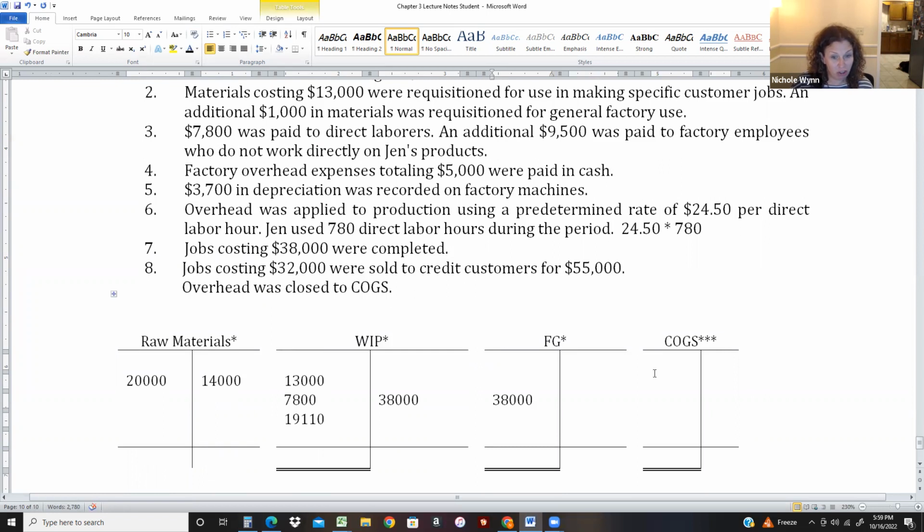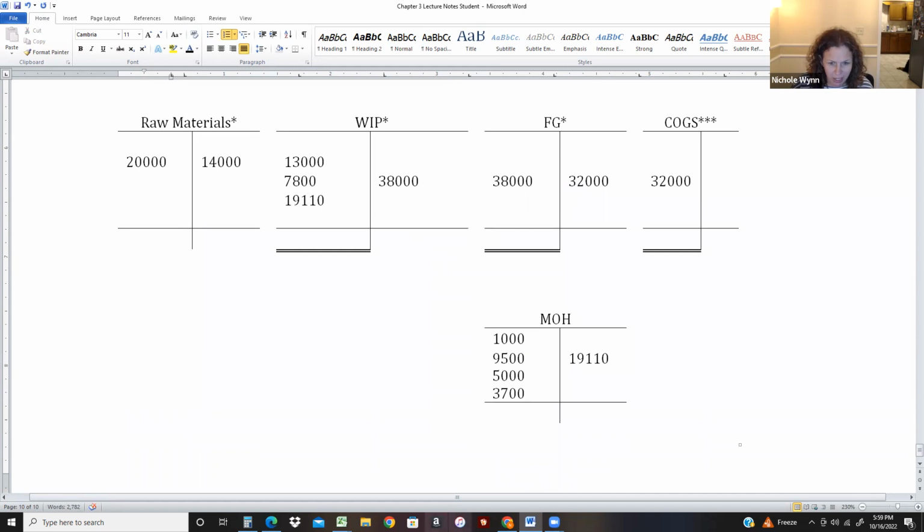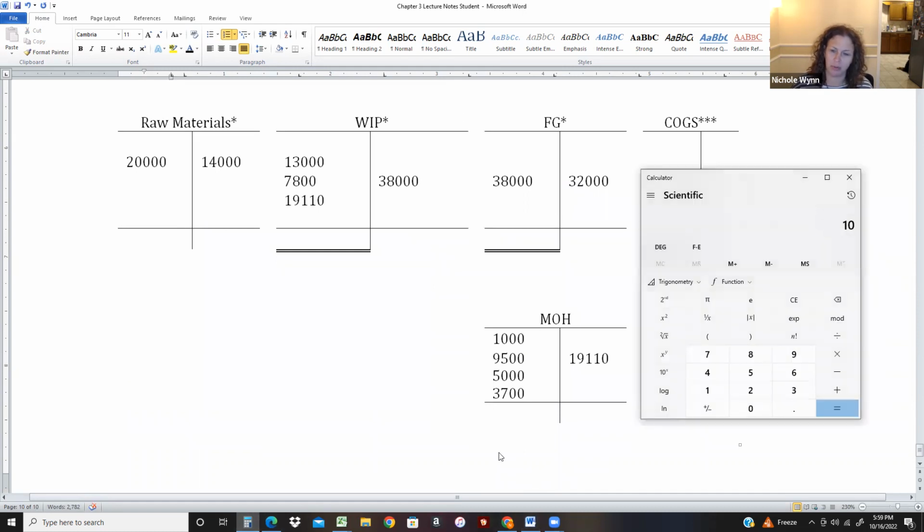Jobs costing 32 were sold to customers for 55. So this is the revenue, but the cost of the good that was sold is 32. And then it says overhead is closed to COGS. So I'd have to go to my overhead account and see if I'm over or under: 19,2 of actual.